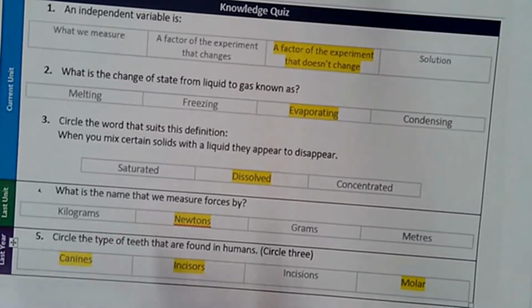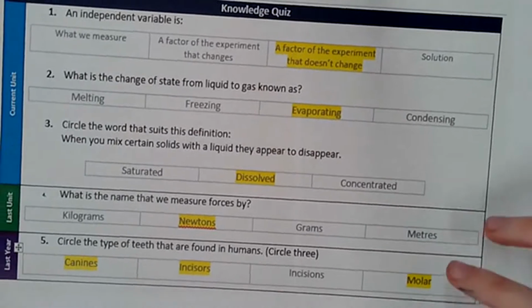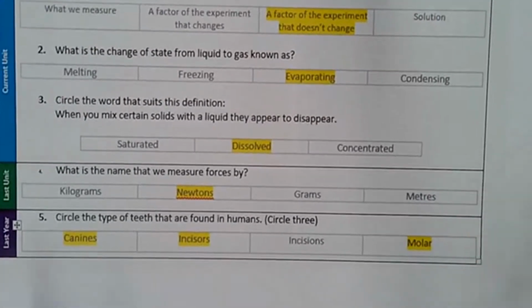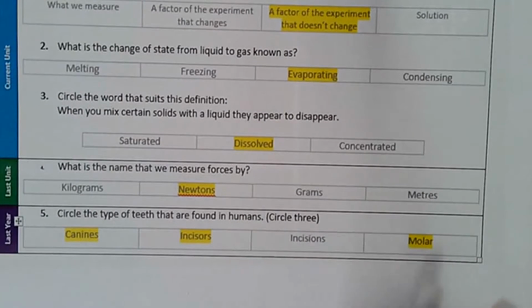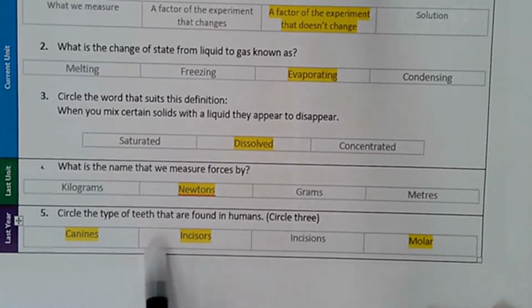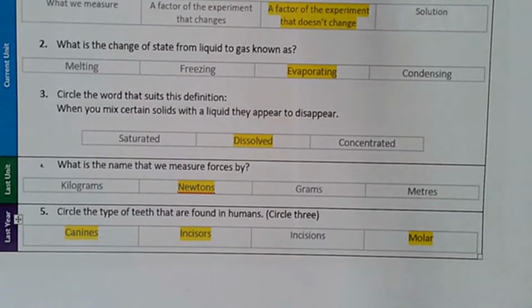And number 5, circle the type of teeth that can be found in humans. 1 is canines, 2 is incisors, 3 is molar. Incisions are not a type of teeth, the other 3 are, and I did say circle 3. So well done if you got all those correct. Fantastic. Don't forget to upload it to Seesaw so we can see all your fantastic work later on.